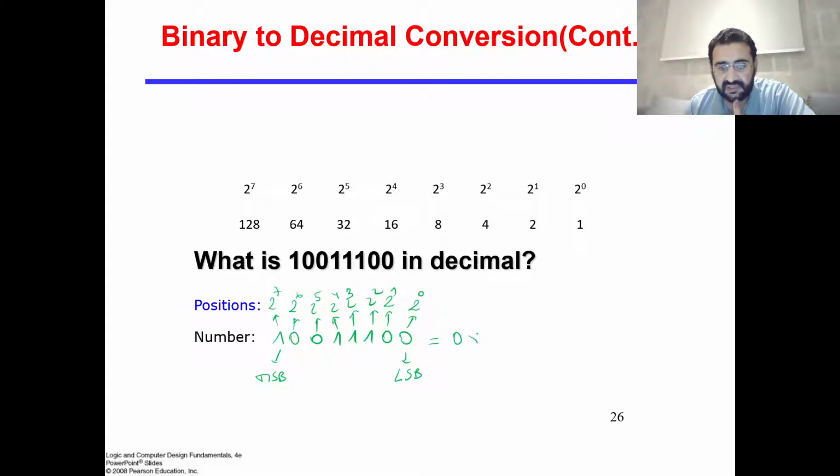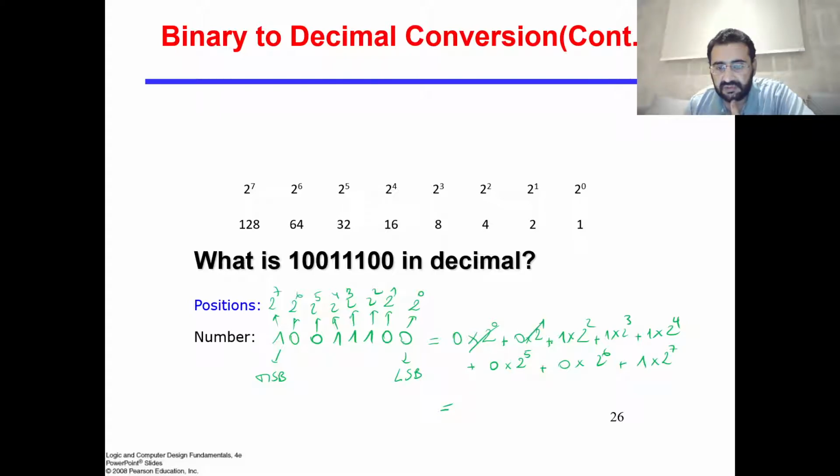This will give us 0 multiplied by 2 to the power of 0 plus 0 multiplied by 2 to the power of 1 plus 1 multiplied by 2 to the power of 2 plus 1 multiplied by 2 to the power of 3 plus 1 multiplied by 2 to the power of 4. Then we have zeros: 0 multiplied by 2 to the power of 5 plus 0 multiplied by 2 to the power of 6 plus, finally, 1 multiplied by 2 to the power of 7.